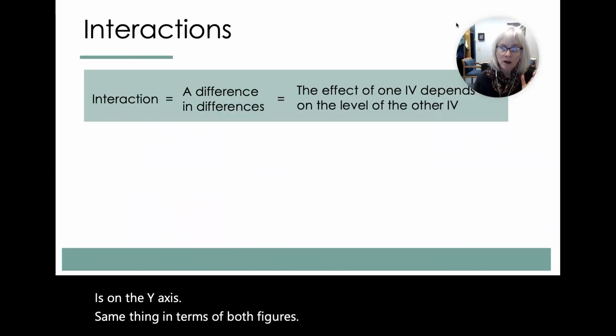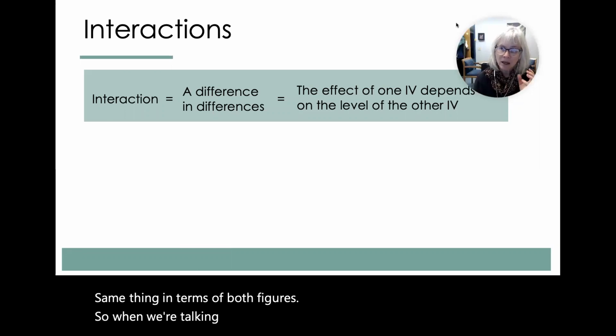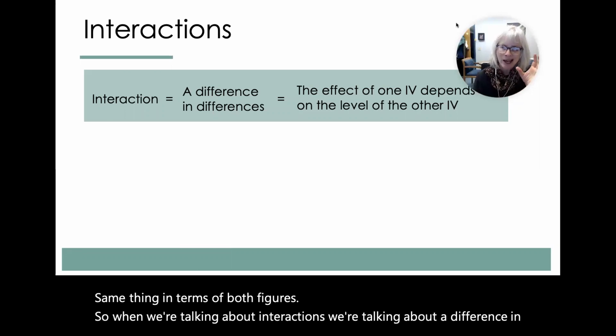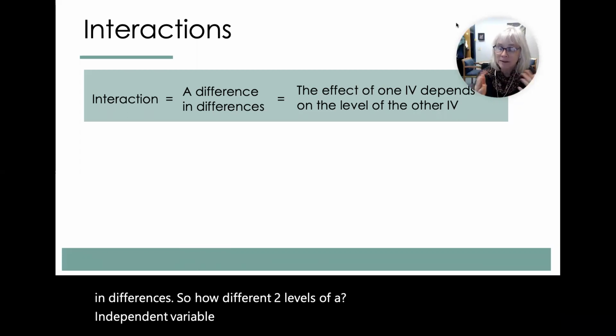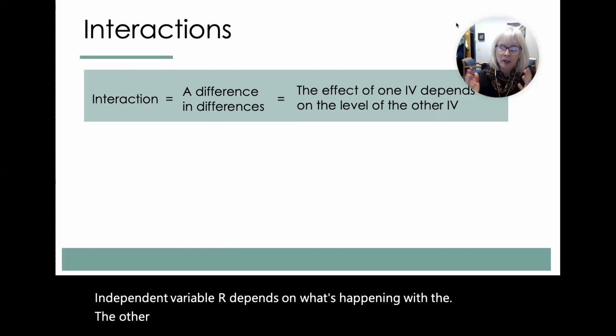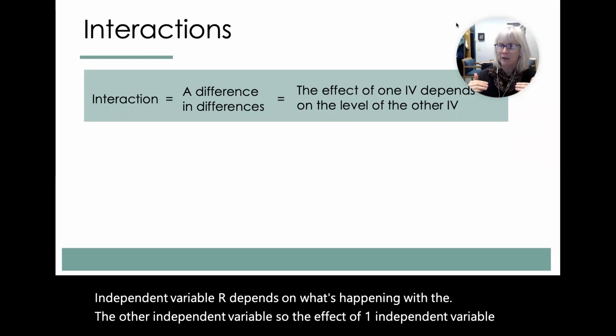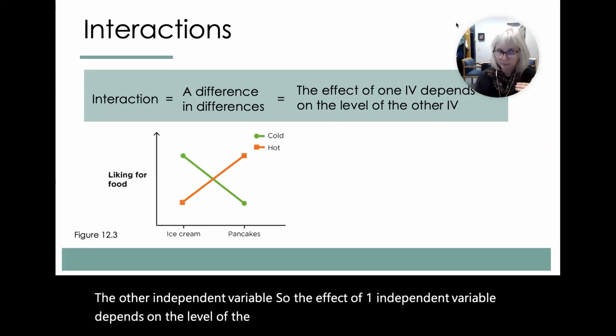So when we're talking about interactions, we're talking about a difference in differences, so how different two levels of an independent variable are depends on what's happening with the other independent variable. So the effect of one independent variable depends on the level of the other independent variable.